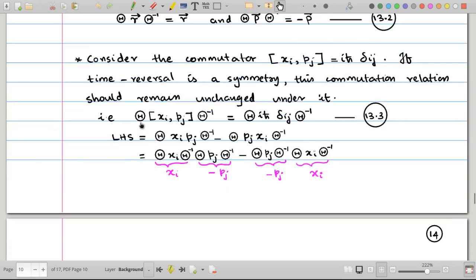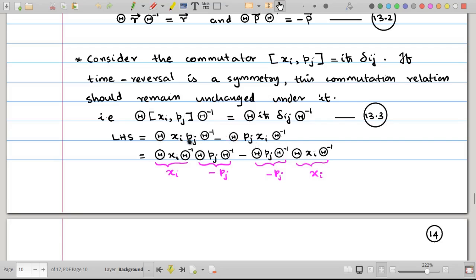So we get theta, then commutator of x_i p_j, then theta inverse, and that should be equal to theta i h bar delta ij theta inverse. Now we consider the left hand side and we can expand this commutator. x_i p_j commutator is x_i p_j minus p_j x_i, and then the application of these operators will give theta x_i p_j theta inverse minus theta p_j x_i theta inverse.